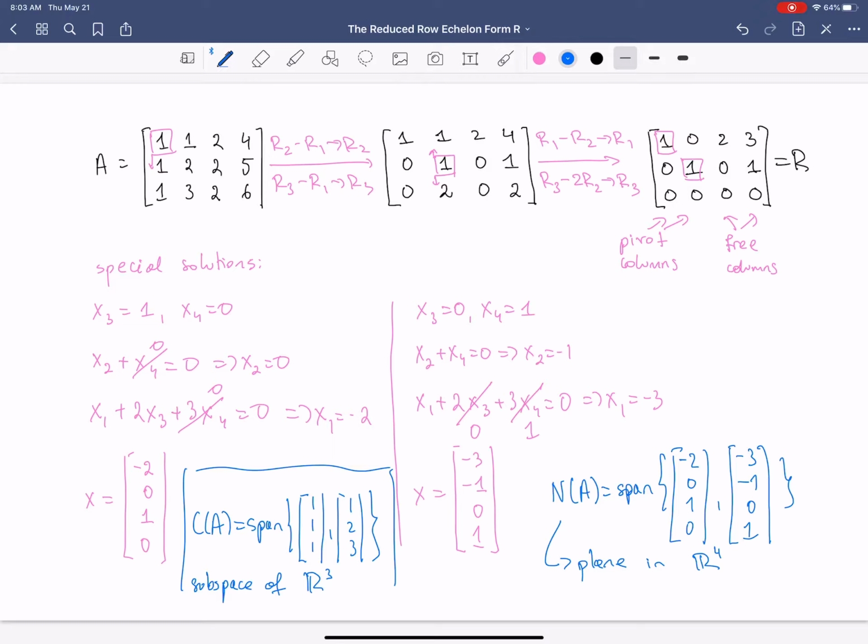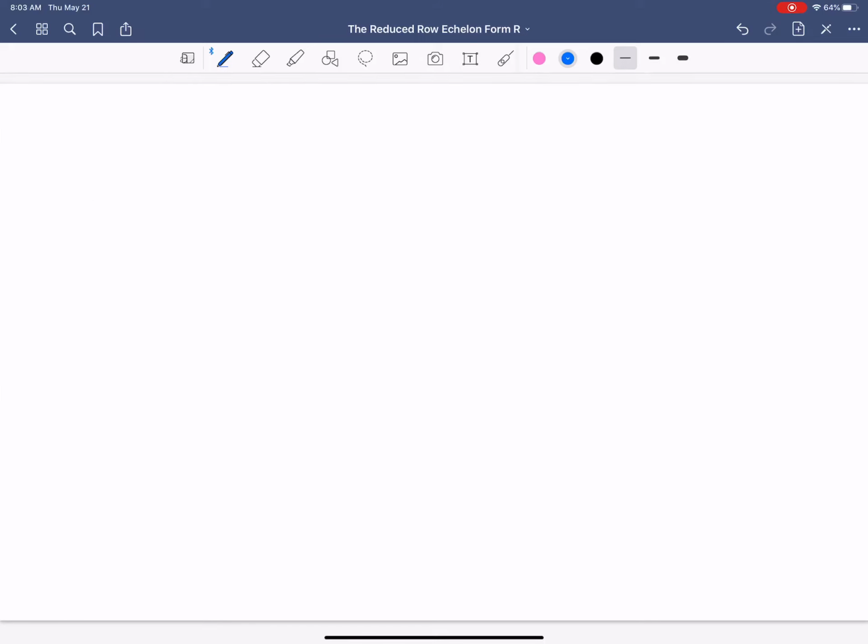The number of pivot columns of a matrix, we've already noted that, is called the rank. So the rank of a matrix A, sometimes denoted like this, equals the number of pivot columns of A. And there is something called nullity.